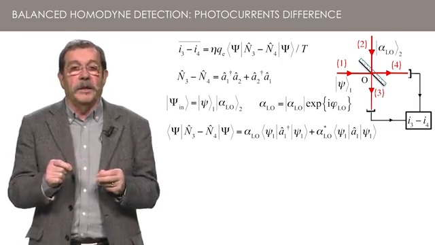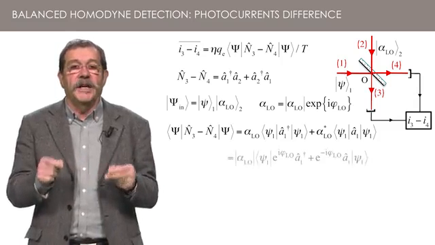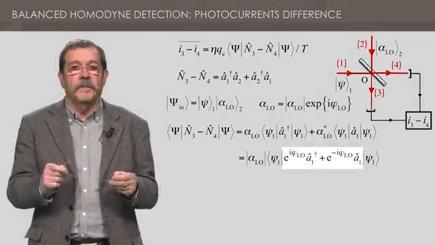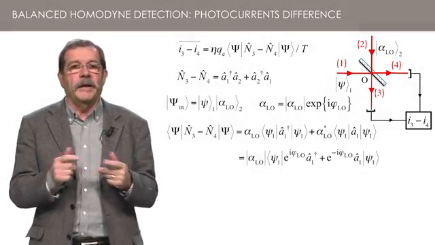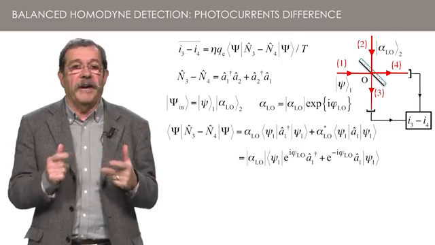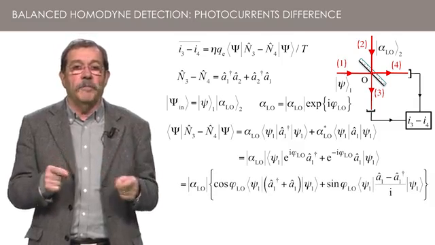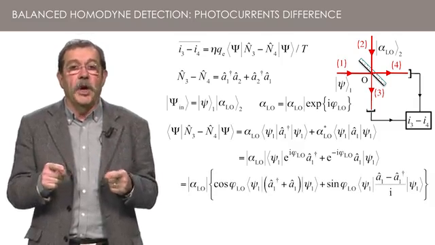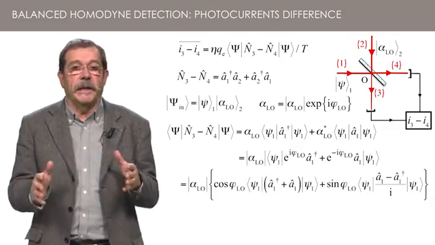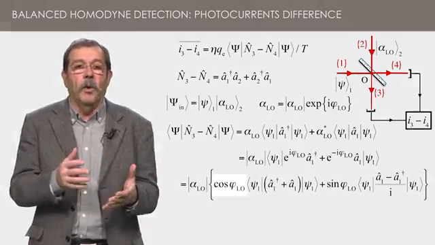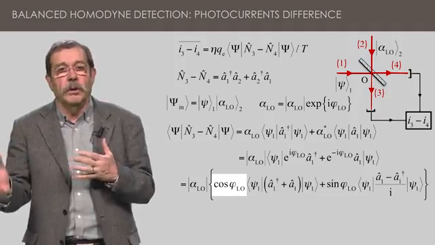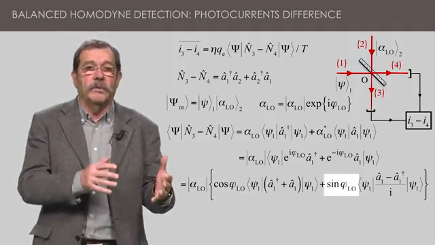The operator of which one takes the average is indeed Hermitian. If you separate the real and imaginary parts of alpha LO, you obtain the sum of two Hermitian operators, which can be measured separately, choosing phi LO either equal to 0 or to pi over 2.